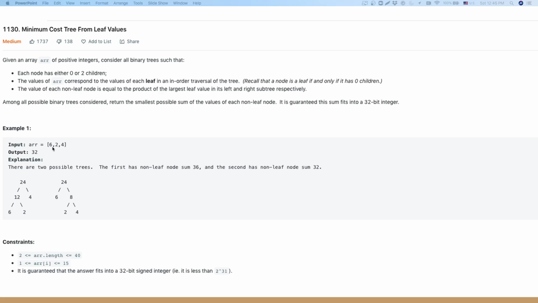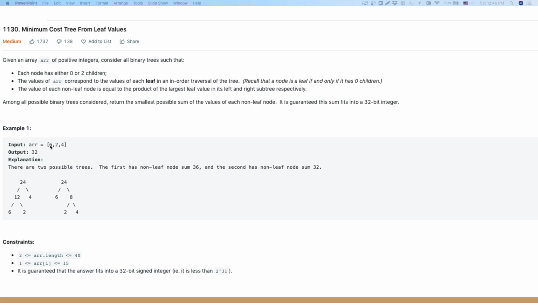How do we build it up? When you split from the middle, you take the maximum value from the left, and you take the maximum value from the right, and you multiply them. So for example, right here, we want to separate the 4. So we just want to ignore the 4. We are not even in the same family.